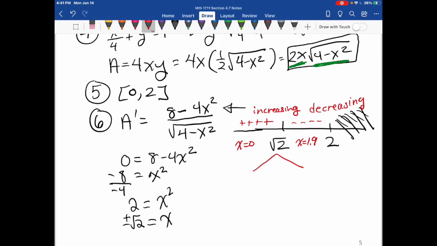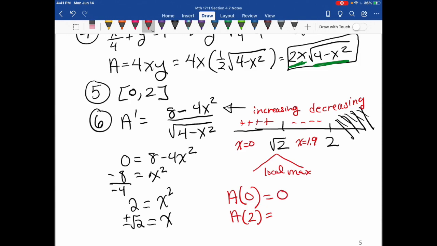So if it's increasing and then decreasing at square root of 2, that's going to be a local max. But now we have to actually check the endpoints as well. So I want to find the value when x is 0, when I plug that into the area function, and then I want to check it when x is 2.